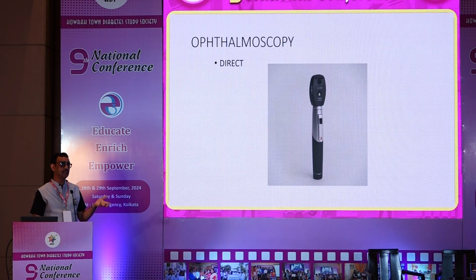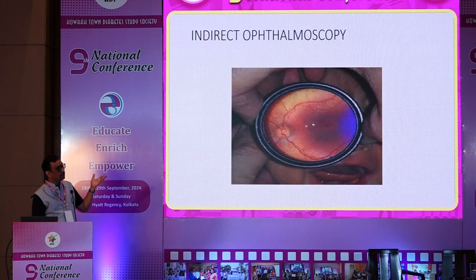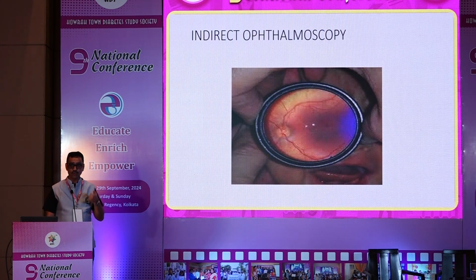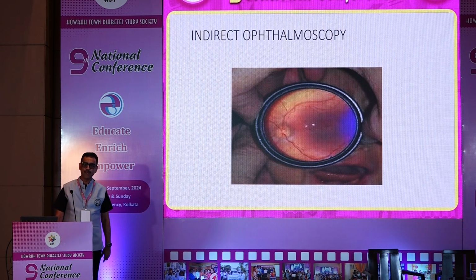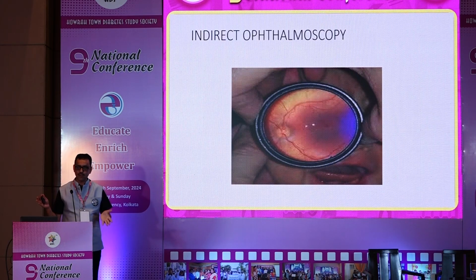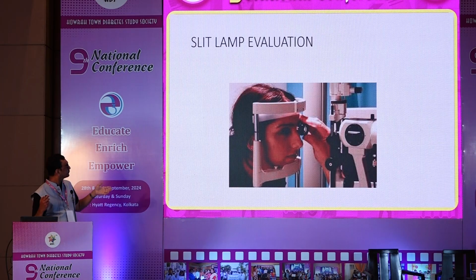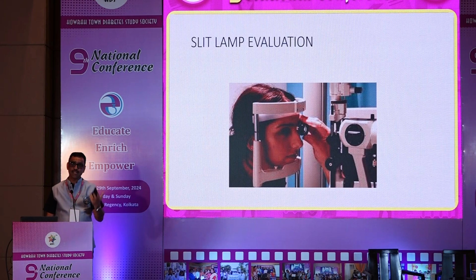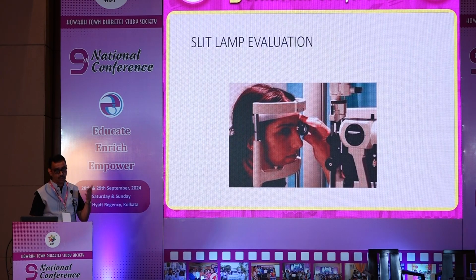But after COVID, we don't use direct ophthalmoscopy nearly at all. Indirect ophthalmoscopy is where you have a headband and a 20 diopter lens with which you can see the fundus. It gives a much wider view of the retina. Slit lamp evaluation is even better, gives you a three-dimensional view because you're using both your eyes, and it's much clearer and much more diagnostic.